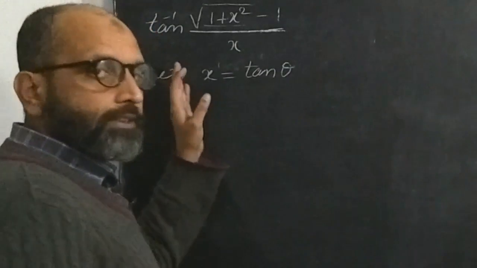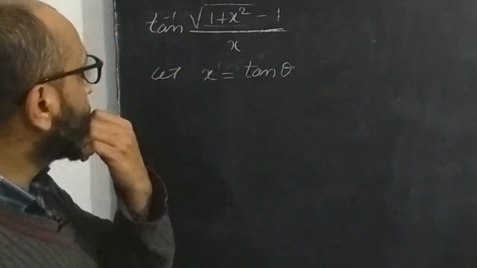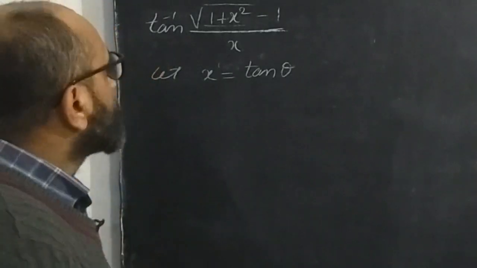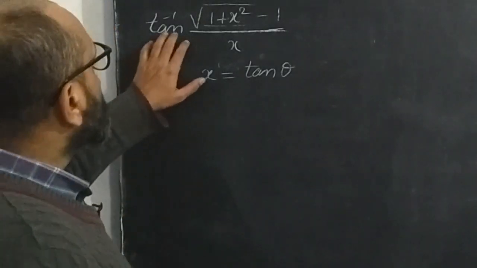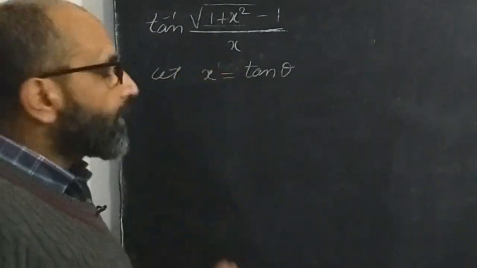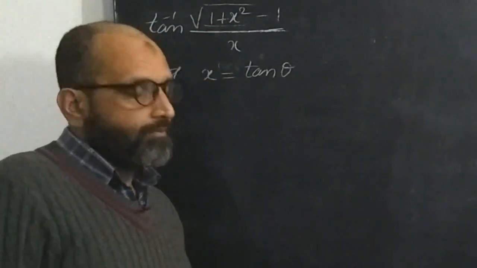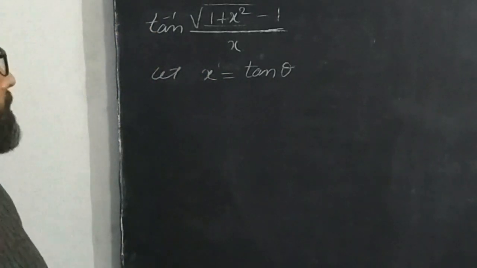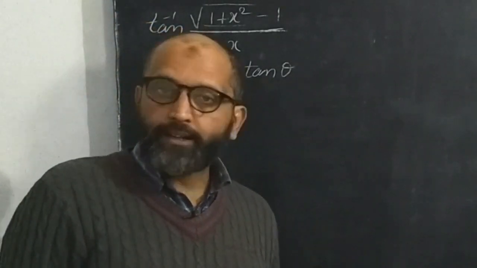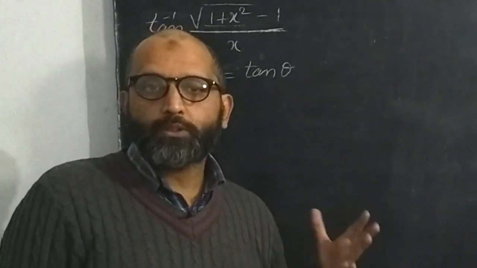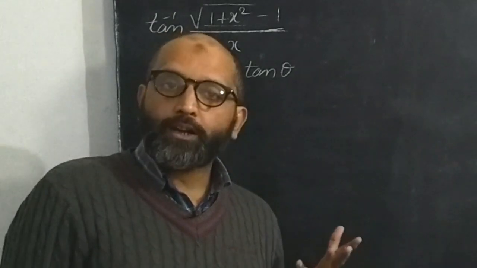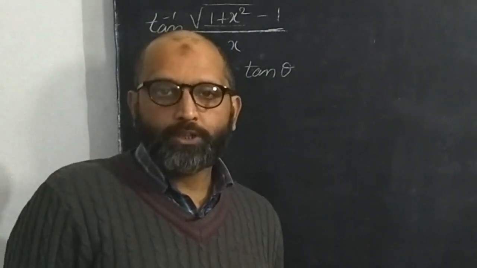Now we have taken the second type of sum where we need to write an expression in the simplest form. So this is tan inverse under root 1 plus x square minus 1 upon x. One more important thing is very essential to be explained, and that is that for this particular kind of sums where we need to write the expression in the simplest form, there are again two types of sums.